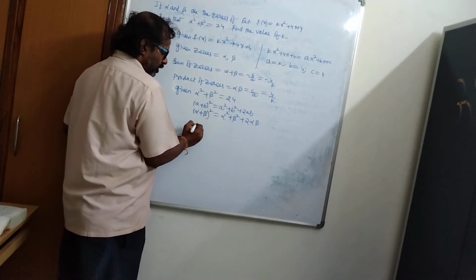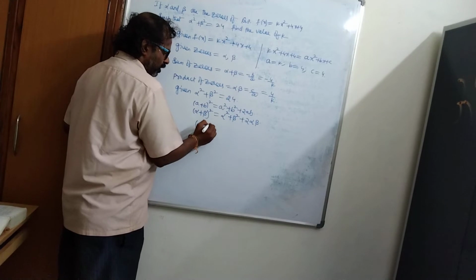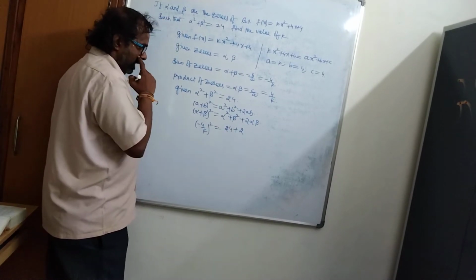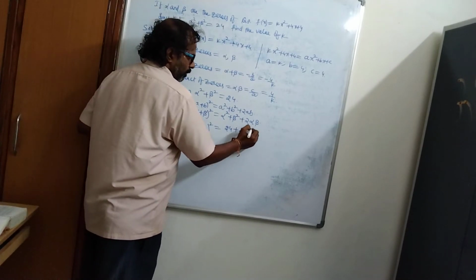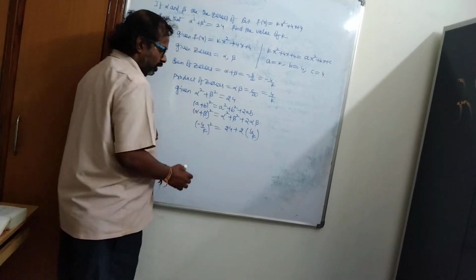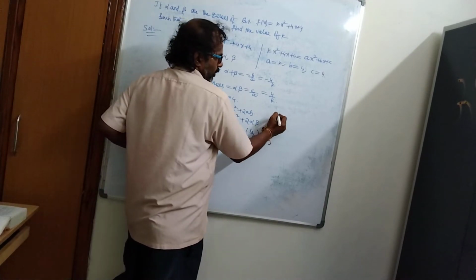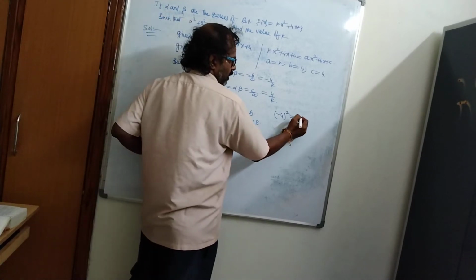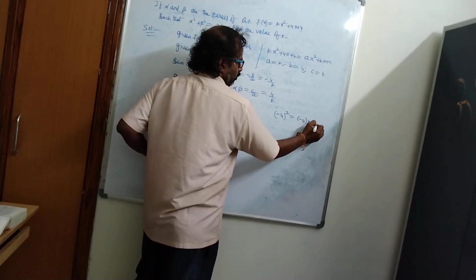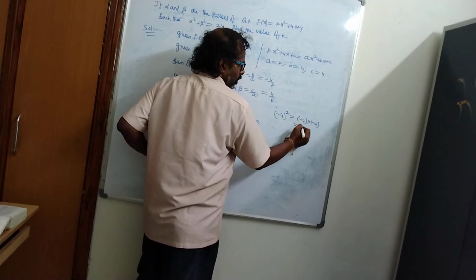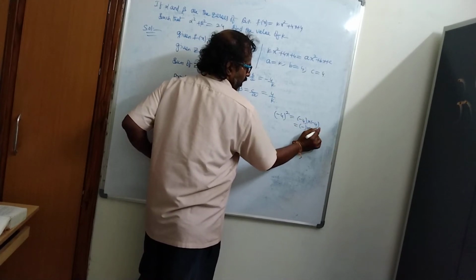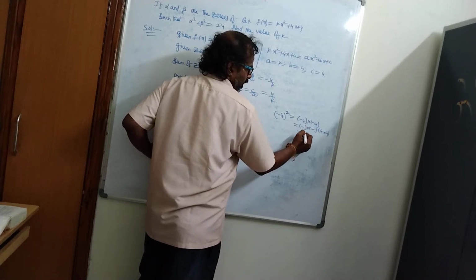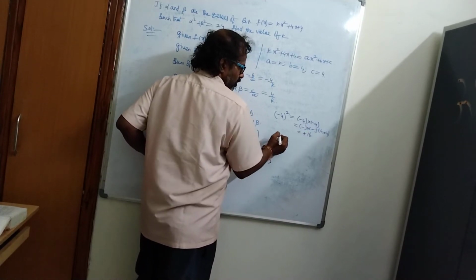Alpha + beta is -4/k, whole squared, equals 24 + 2 into alpha beta, which is 4/k. Now, already in one of the videos we discussed that (-4)² is nothing but -4 into -4, minus into minus is plus, and 4 fours are 16.